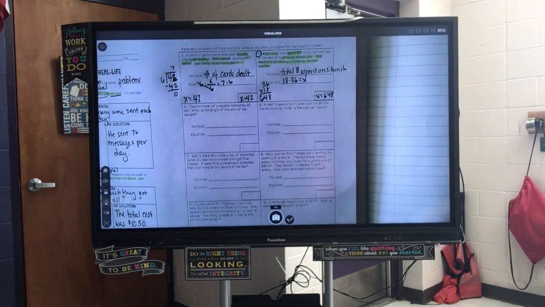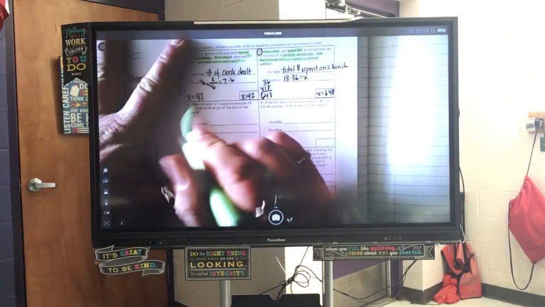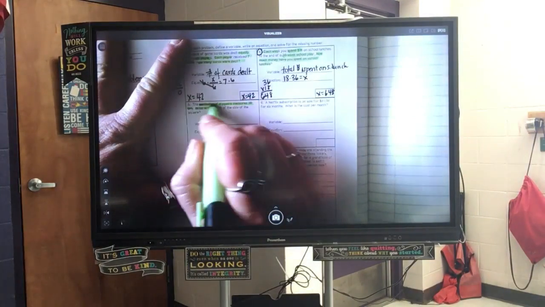26 is one side of it. The equation is 26 times... Inverse operation.